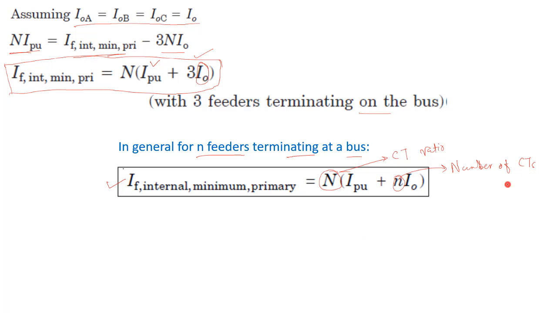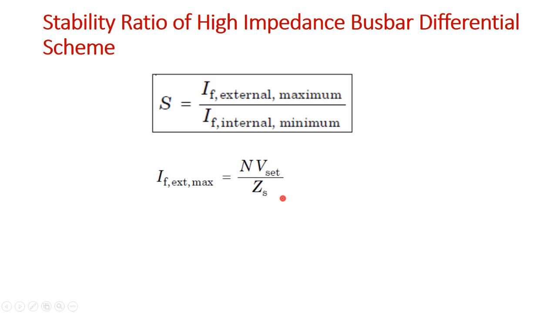Now this minimum internal fault current, which is detectable by this stabilizing resistance bus differential protection scheme, has this expression. Now let us see the stability ratio of the high impedance bus bar differential scheme.